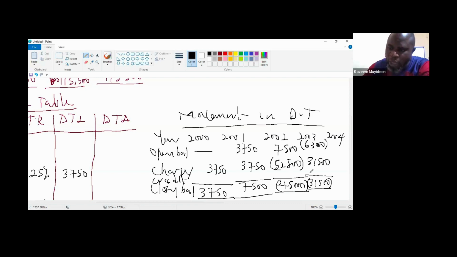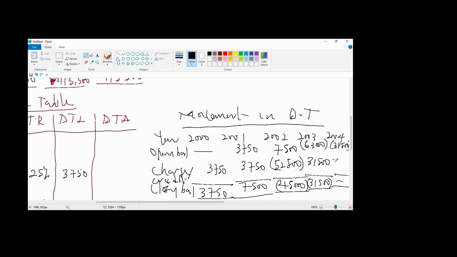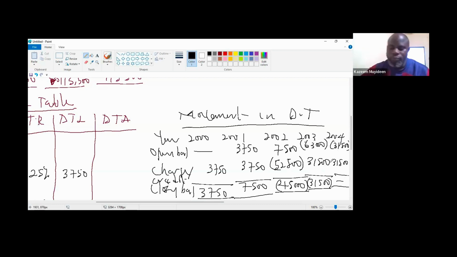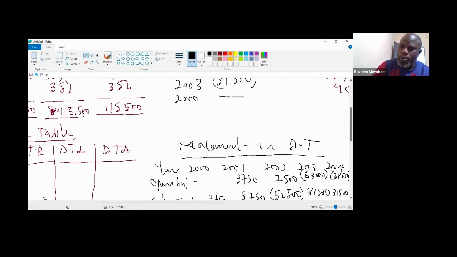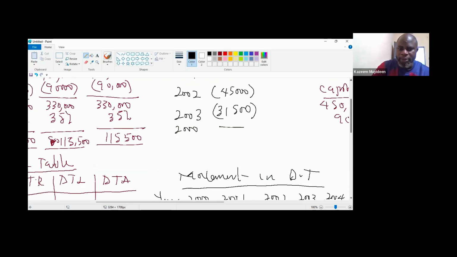In 2004, credit was 31,500. But what do we close with? Nothing, 0. So I can now fill in the gap in my POL.